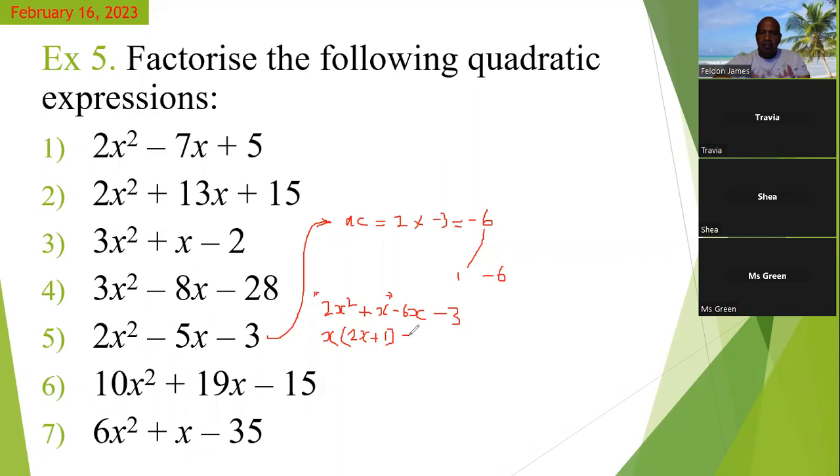Negative 3 into negative 6x goes 2x, negative 3 into negative 3 goes 1 time.